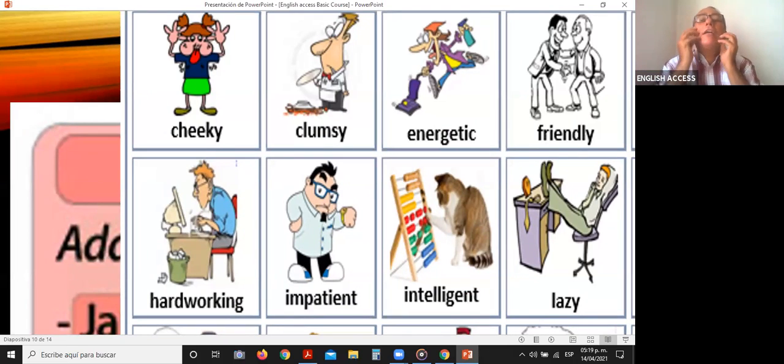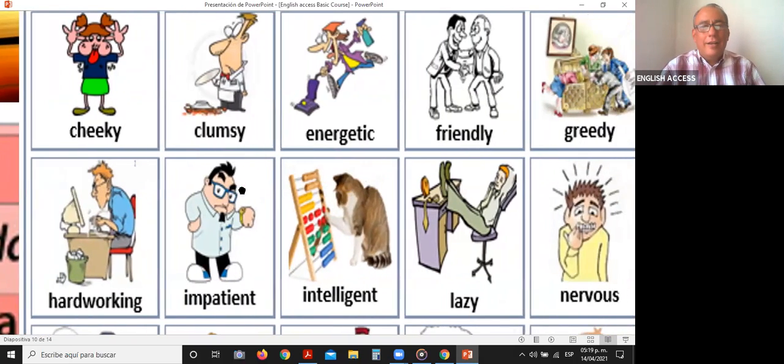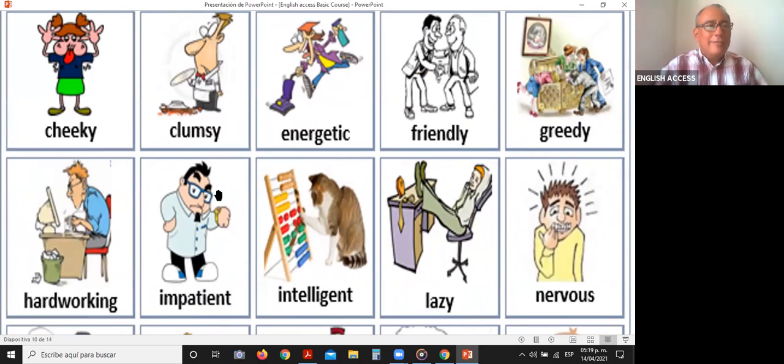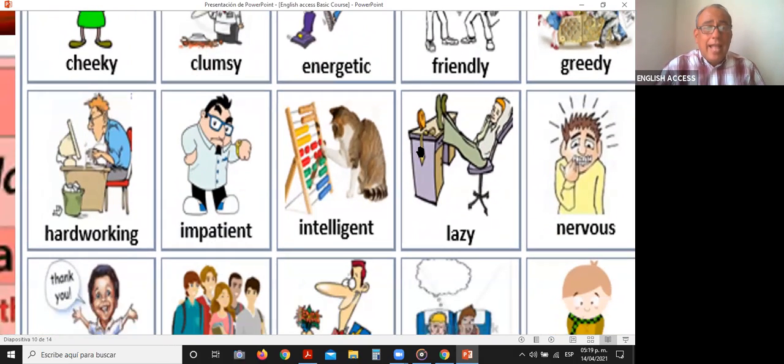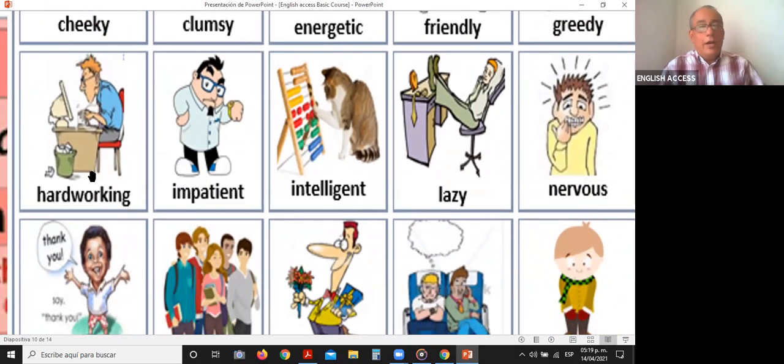Cheeky, cheek. Que le gusta ser cachetona. Clumsy, careless o descuidado. Energetic, likes to do things. Friendly, greedy, codicioso. Hardworking, are you a hardworking person? ¿Eres una persona trabajadora?